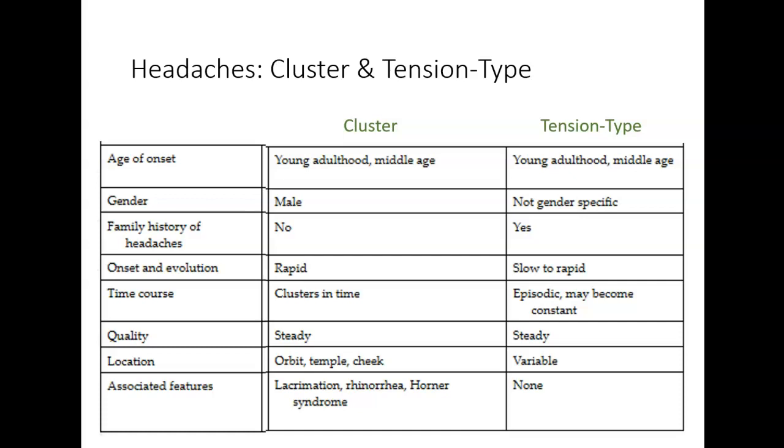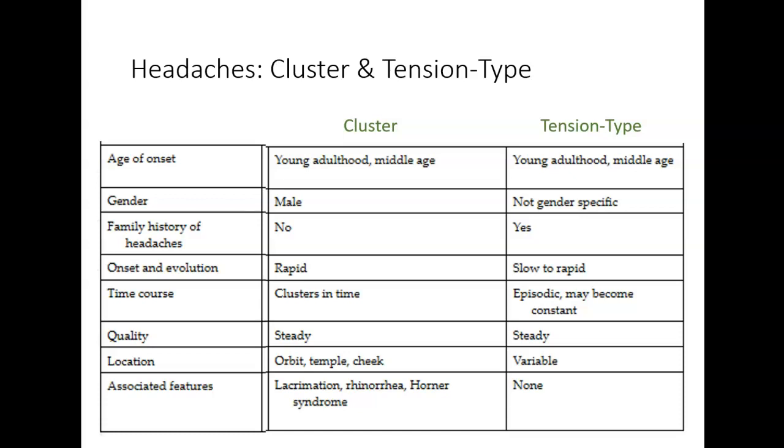Cluster headaches tend to be more common in males, with no family history of headache. There's rapid onset, and they cluster in time. This is why they're called cluster headaches, because they come together. You have a headache, it's there for a bit, then it goes away, and then it'll come back. You could have multiple cluster headaches in a day.